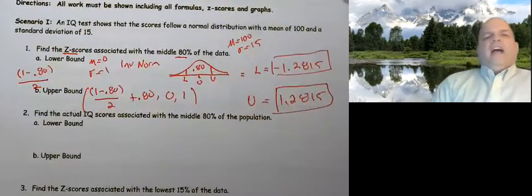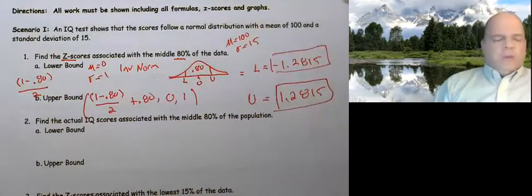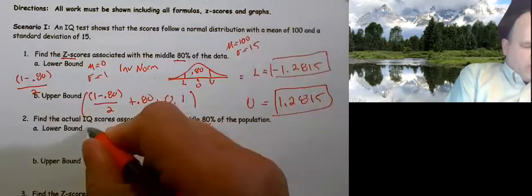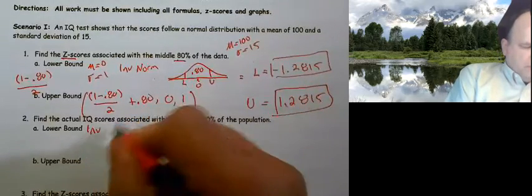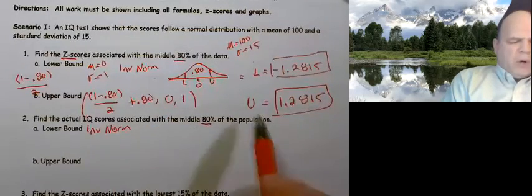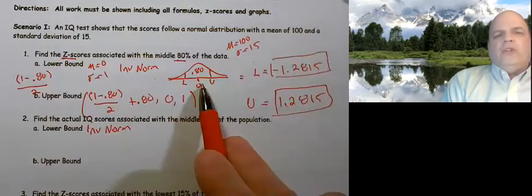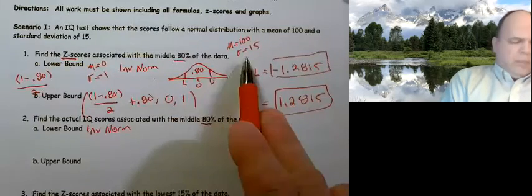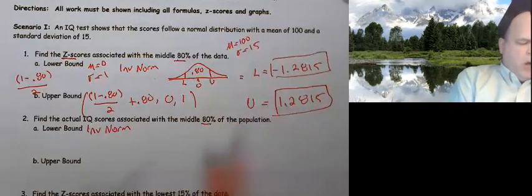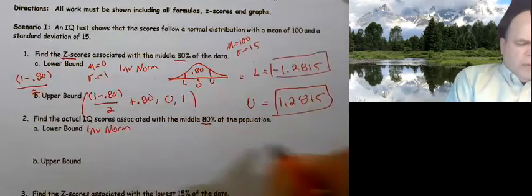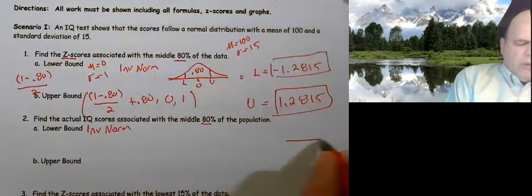Then it says find the actual IQ scores associated with the middle 80%. So they gave us a percent, so we know we're working with the inverse norm. So we're still working with the inverse norm. But now we're working with the actual values. The z-score is always mean of 0, standard deviation of 1. But up here, this problem has a mean of 100 and a standard deviation of 15. So if I'm drawing my picture, I'm going to draw it over here so I have a little more room.